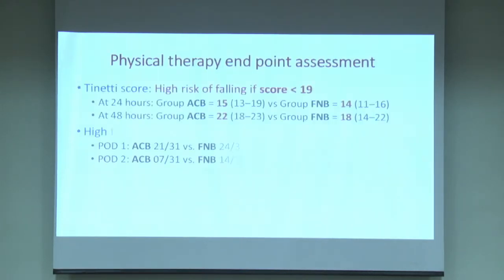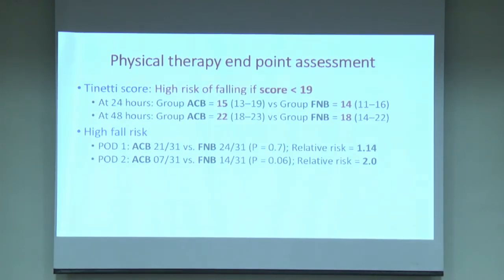And what were their results? The score of less than 19 was observed with both the adductor canal block as well as the femoral nerve block. Though the incidence was less here, it was almost comparable in both groups.